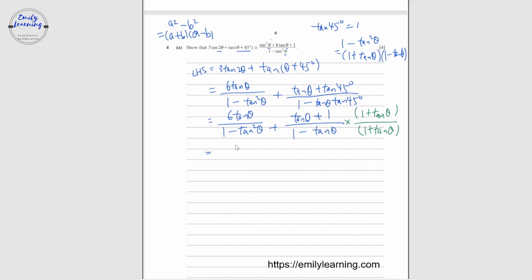So let me just copy this. Once I do that, they both have the same denominator, which is 1 minus tangent squared theta. If I have 1 minus tangent theta times 1 plus tangent theta, I get 1 minus tangent squared theta. Now I can combine the numerator: tangent theta plus 1 times 1 plus tangent theta, which is basically tangent theta plus 1, squared.